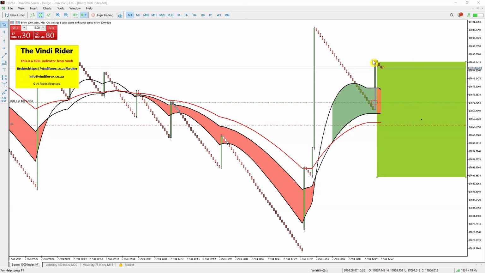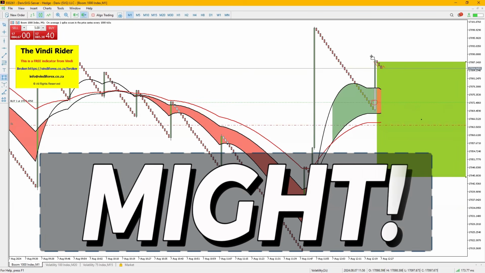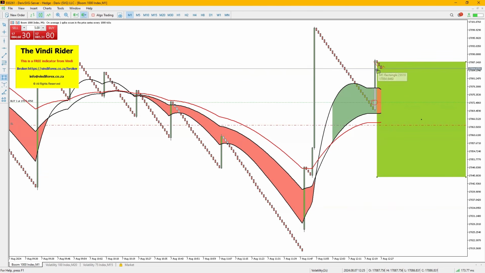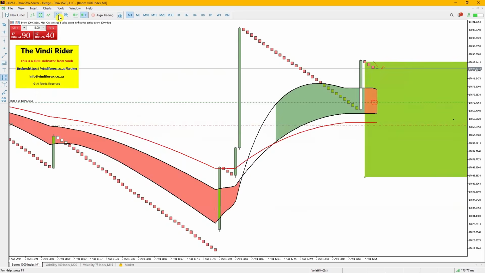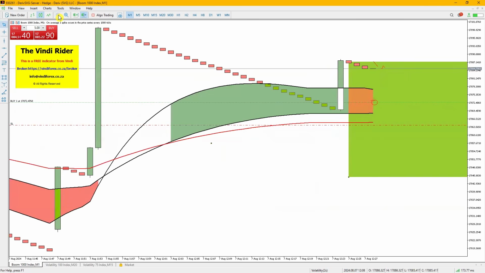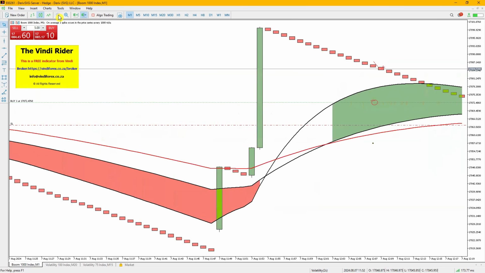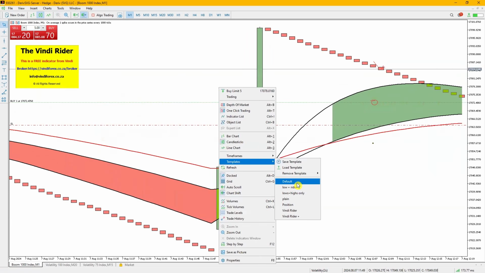Because again, this is a warning. The next series of candles might actually be bigger than the spike, right? I showed you an example. Let me zoom in again. Remember what I said? The next series of candles might actually be bigger than the spike.